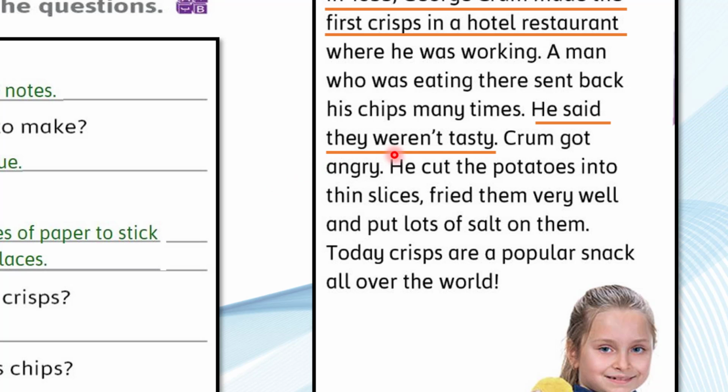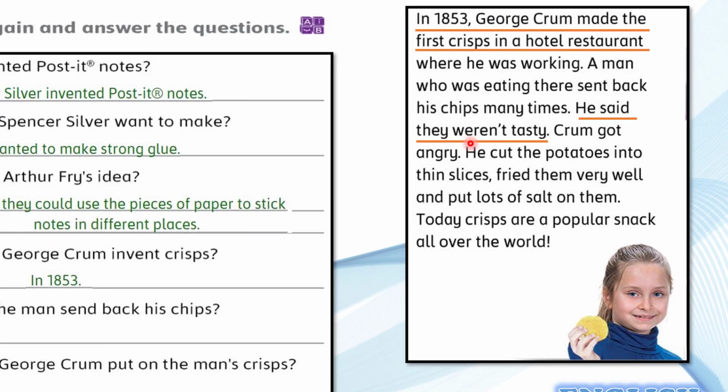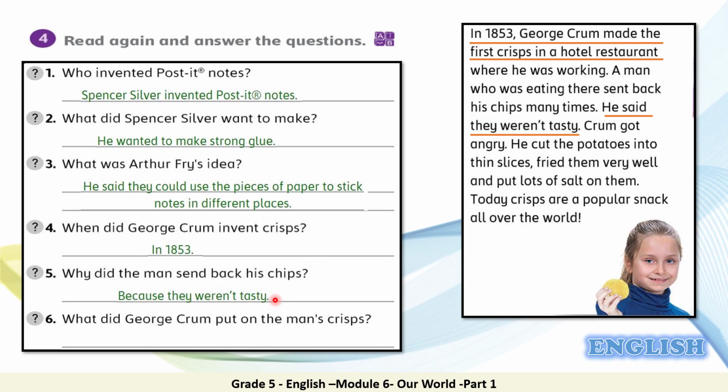He said they weren't tasty. This is the reason, my friends, because they weren't tasty. The last question. What did George Crumb put on the man's crisps? And the answer is clear here. Put lots of salt on them.